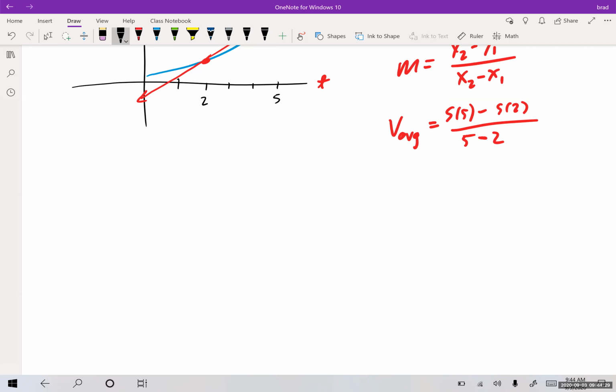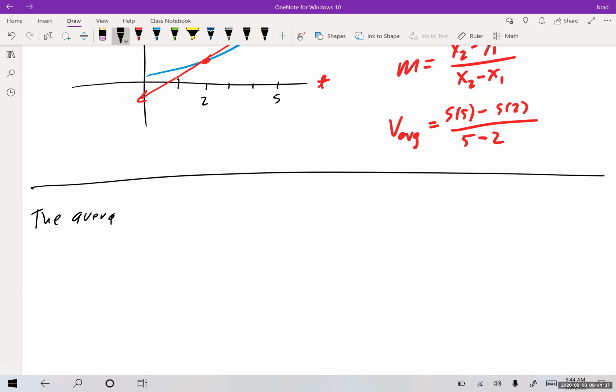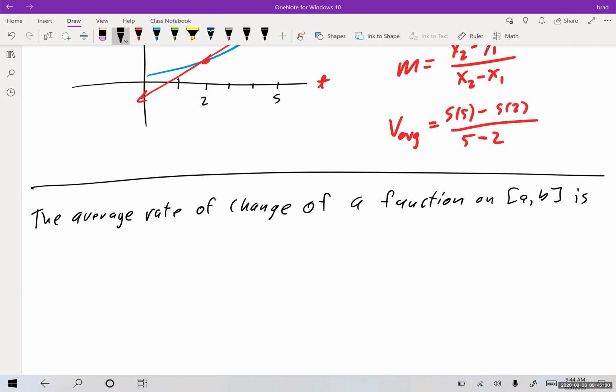So let's summarize here and get a little formula for us. The average rate of change of a function on the interval a to b is given by the formula f of b minus f of a all over b minus a.